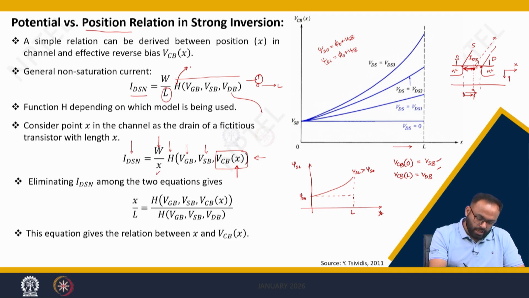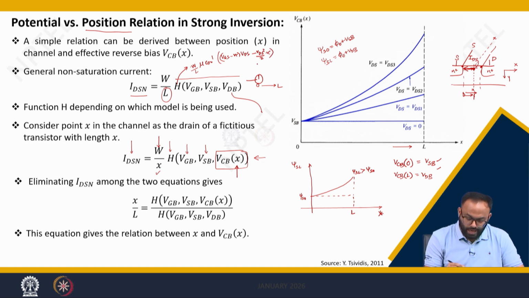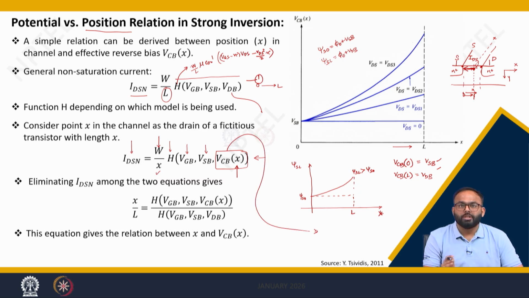In the sense, this function is nothing but W divided by L, mu into COX dash into VGS minus VT into VDS minus alpha VDS square divided by 2. So if I want to represent these terms in terms of source as a reference, then I need to take utmost care that VDB is nothing but VDS plus VSB.